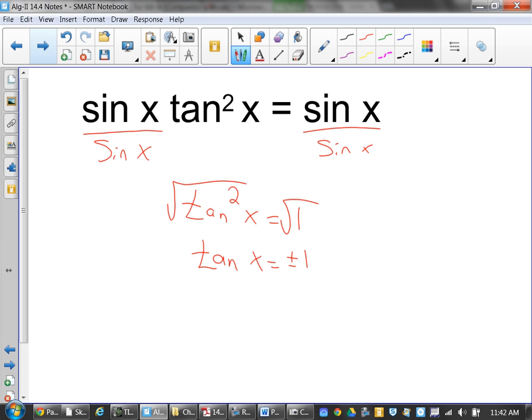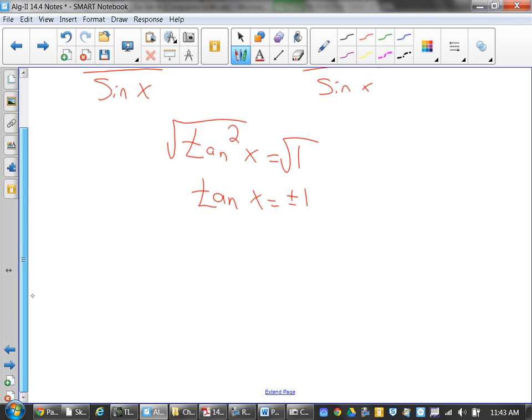Because you took the square root. The x is built into that tangent squared. So x is equal to the inverse tangent of plus or minus 1. You're yelling 45, you're right.